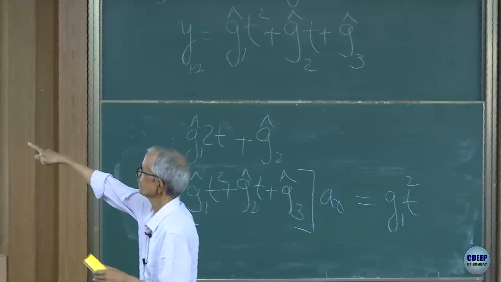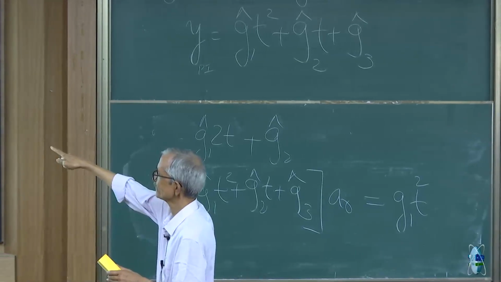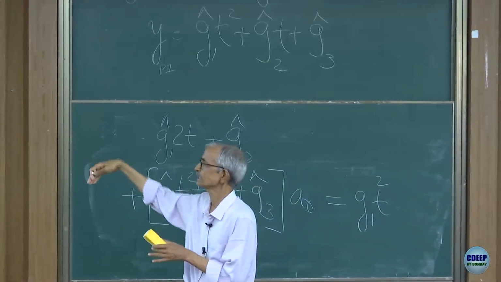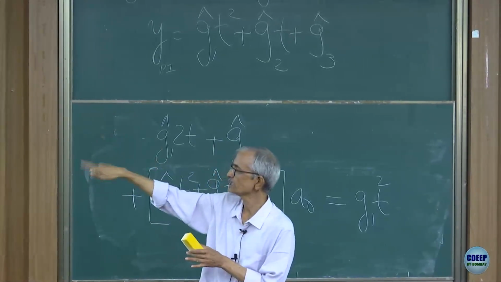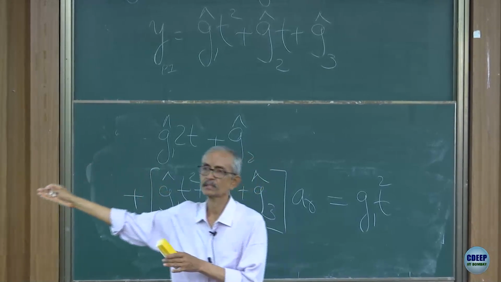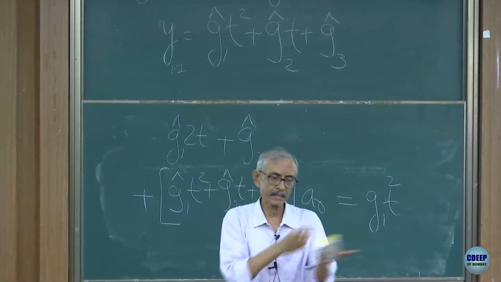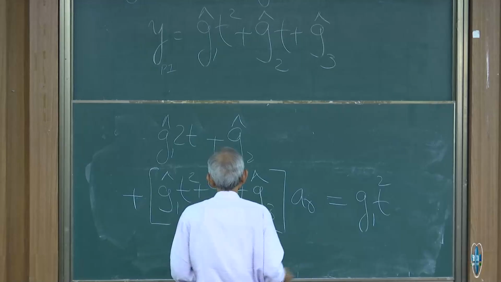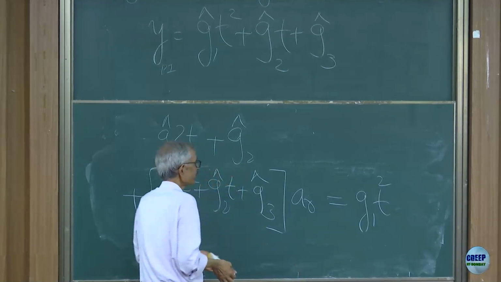So if g1 t square is that term, then you take some g1 hat t square, g2 hat t plus g3 hat. If it was g1 t cube, then you would take g1 hat t cube and then downstream. Okay. So take the polynomial and take all the lower powers of the polynomial, equate it to 0, and then what should we do?